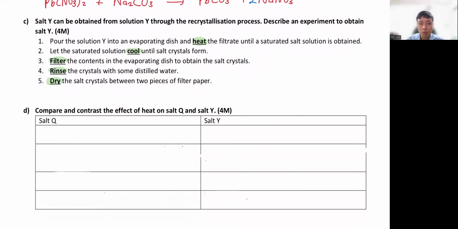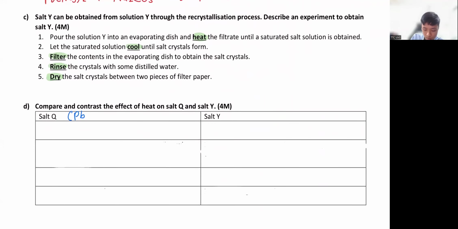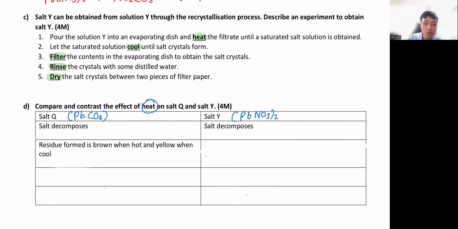So what's the difference between salt Q and salt Y? Very simple. Salt Q is Pb carbonate, and salt Y is Pb nitrate. They ask what's the difference when you heat it. Both will undergo decomposition.